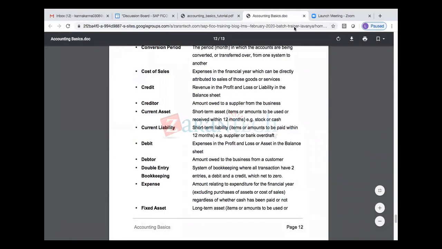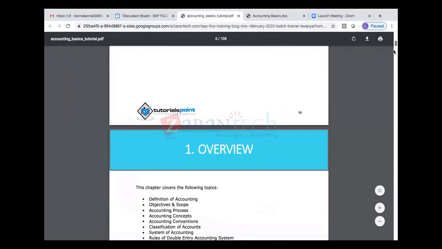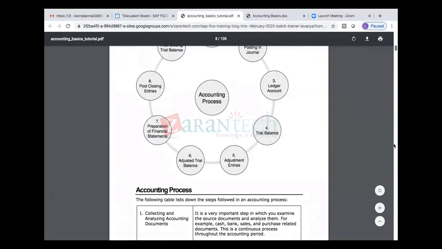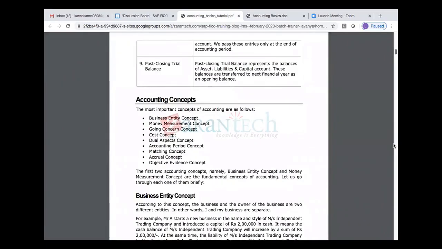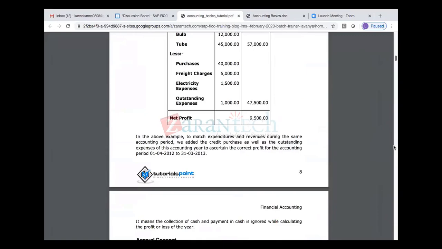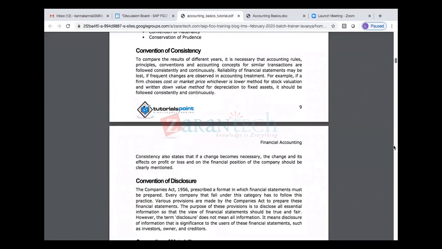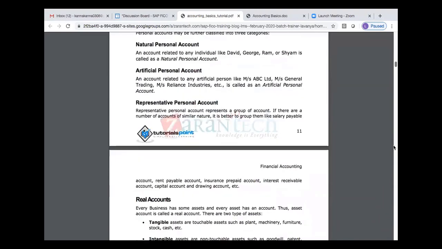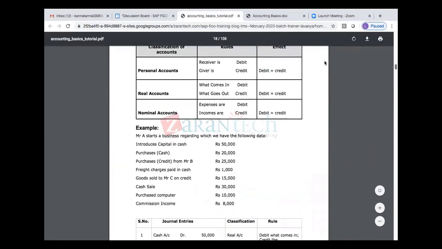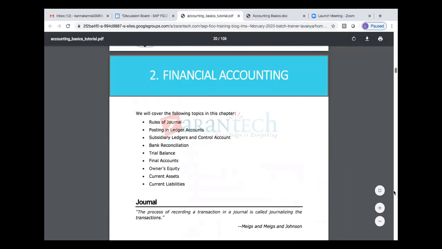Right from the beginning, everything is there, all the journal entries. See, personal accounts, nominal, the ones we discussed just now. Journal. Ledger. Ledger is nothing but the general ledger.